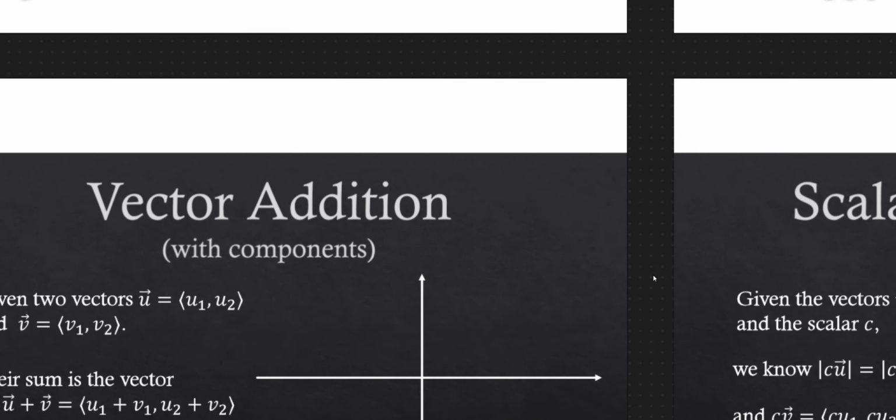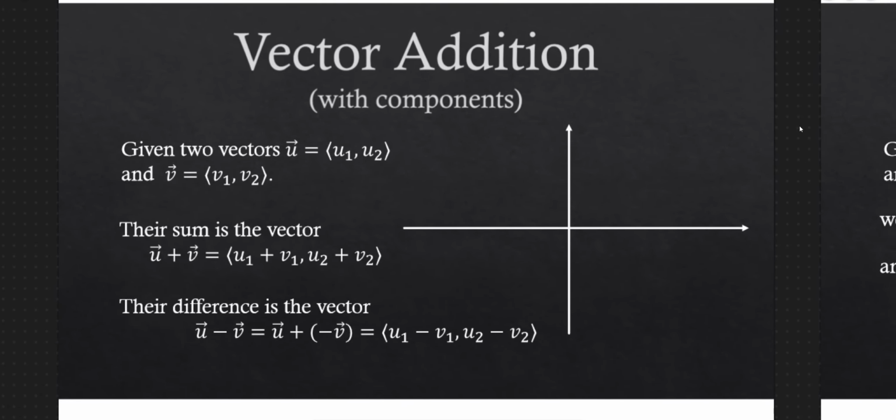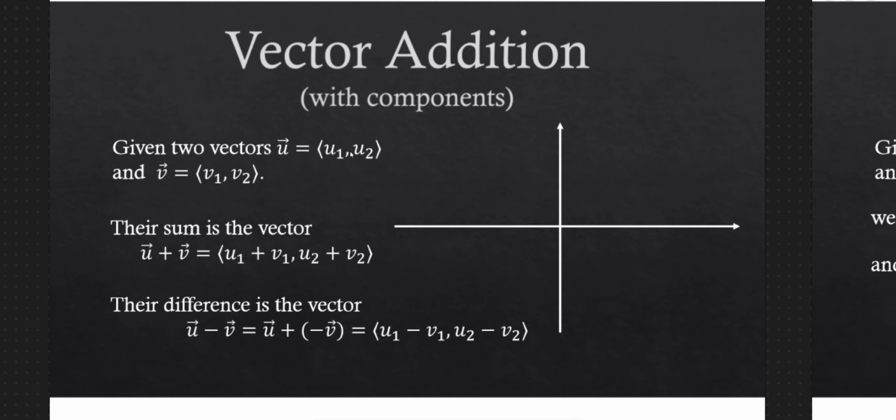We can also do vector addition like this. So let's say I have two vectors, u1, u2, and v1, v2. I'm just going to draw these somewhere in the plane. So maybe u is something like this, and that's going to go over u1 and up u2.